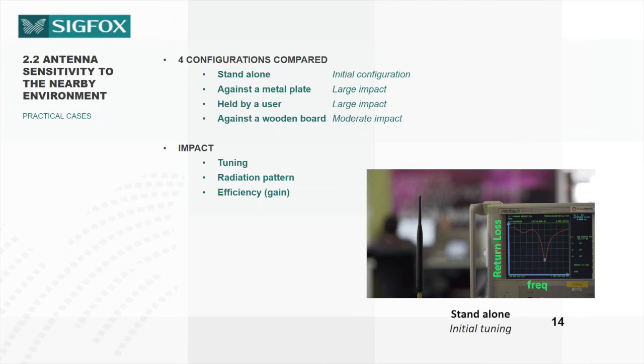But you have to understand that it also has an impact on the radiation pattern, so the radiation properties are modified, and also on the efficiency of the antenna. For instance, when someone is holding a device and puts their hand very close to the antenna, a part of the radiation will be absorbed by the hand and therefore not radiated.